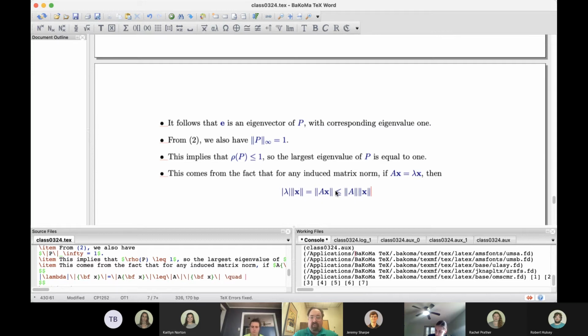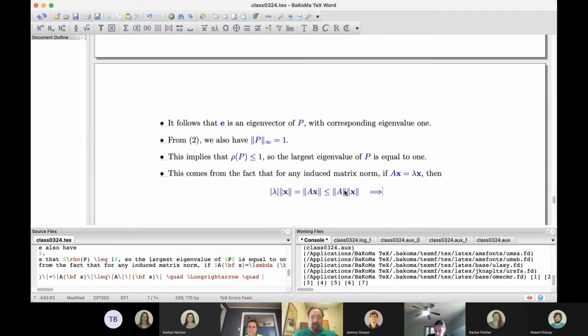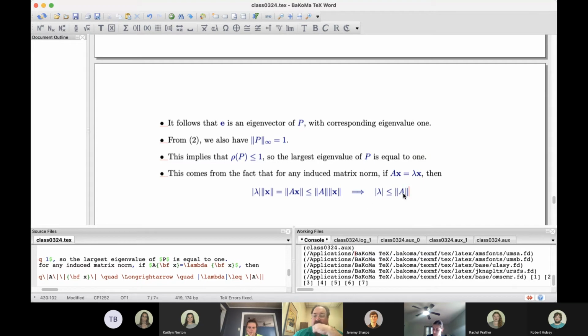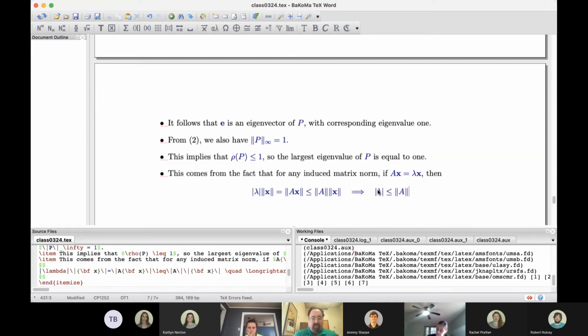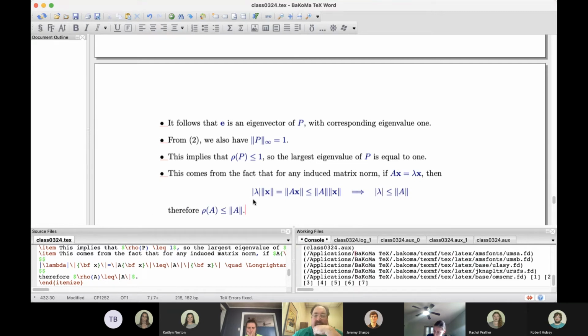Now x is a non-zero vector, so I can divide by its norm. That means the absolute value of lambda is less than or equal to the norm of A. So any natural norm of a matrix A is greater than or equal to the magnitude of all of its eigenvalues. Therefore, the spectral radius of A is less than or equal to the norm of A. That's how we know that because the infinity norm is 1, the spectral radius, in other words all eigenvalues, must be less than or equal to 1.